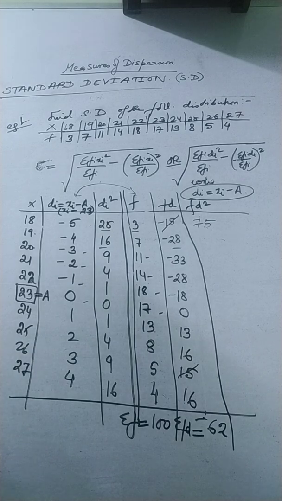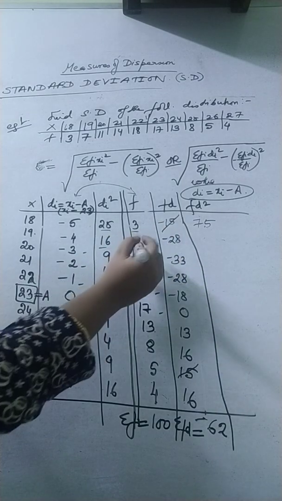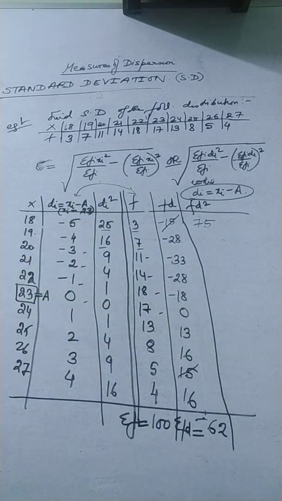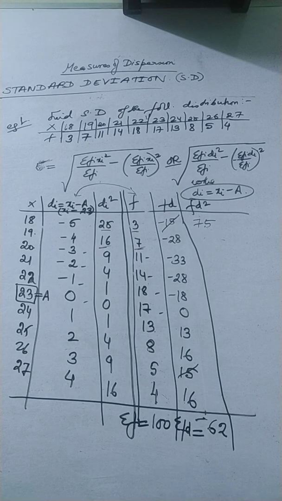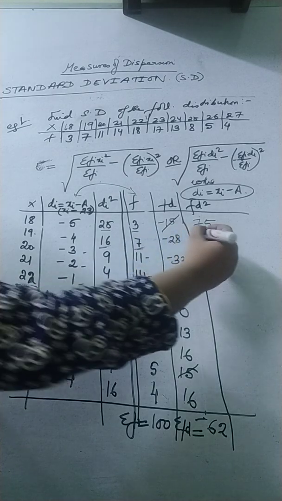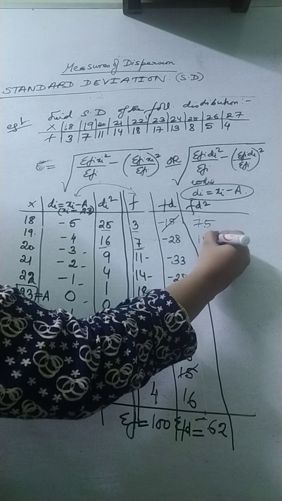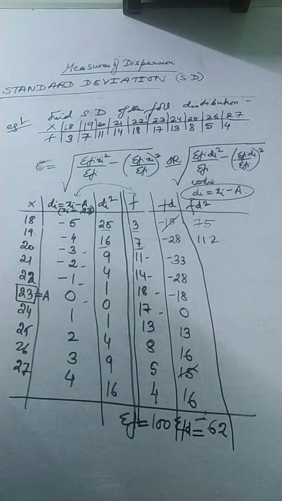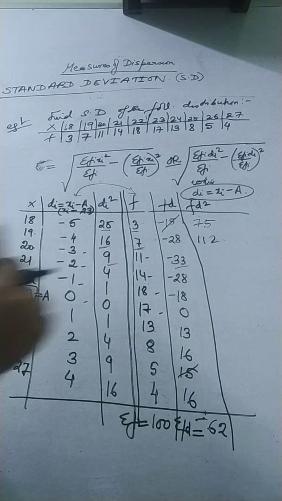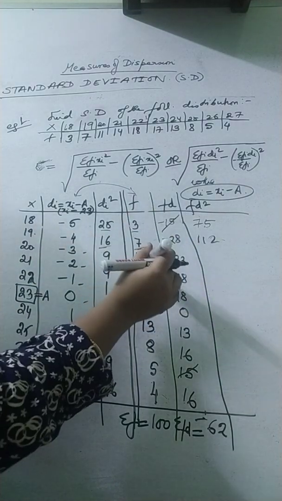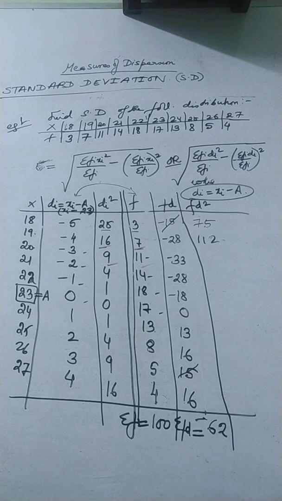No, sorry, 16 into 7 is this and this now. 16 into 7 is your 112. I hope you can see, yes. Then comes 9 and 11, that makes 99.